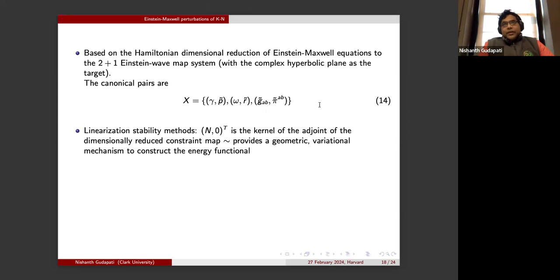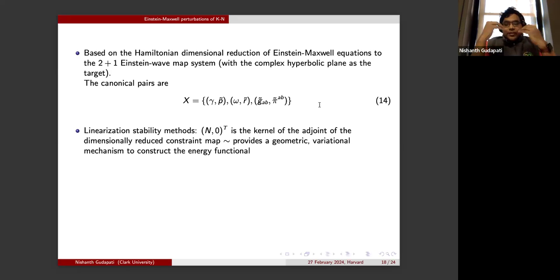What I did not mention is that behind the scenes, for axially symmetric spacetimes, we are performing the so-called dimensional reduction of the vacuum Einstein equations, and for the Einstein-Maxwell case, the Einstein-Maxwell equations, into a structure called the Einstein wave map structure.